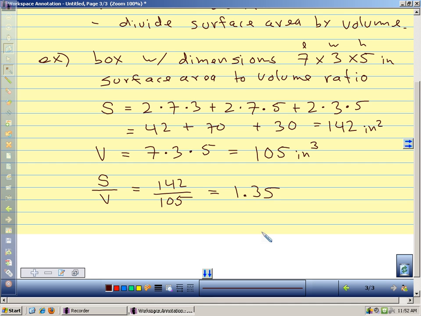So the surface area to volume ratio of this box would be 1.35. So this tells us that the surface area is 1.35 times bigger than the volume, essentially. It's not exactly that, but that's kind of what this is telling us. So the surface area is a little bit bigger compared to the volume.